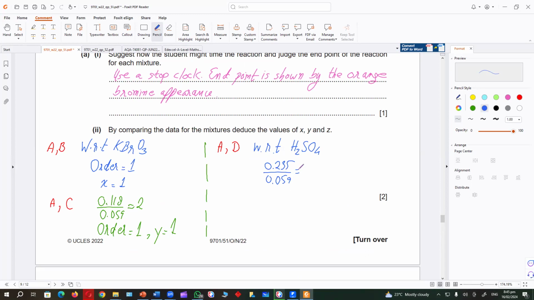It's 4. So can we say the order is 2? Yeah, second order.